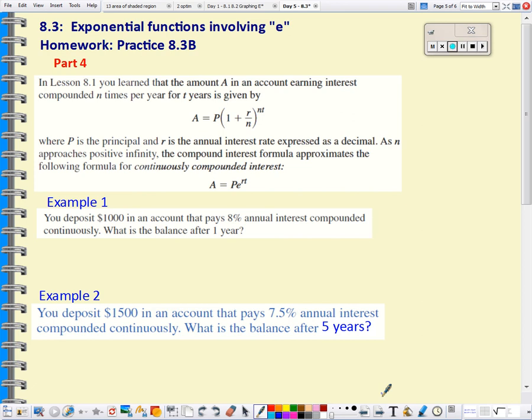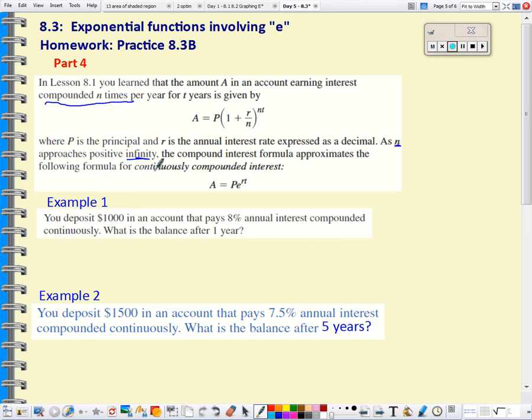And then last but not least, we can talk about money again with e this time. So we learned that the amount of money in an account earning compounding interest was this formula. So now, as n approaches infinity, our compound interest formula approximates continuous interest, meaning you get interest continuously, as compared to before when it was compounded monthly, daily, or yearly.